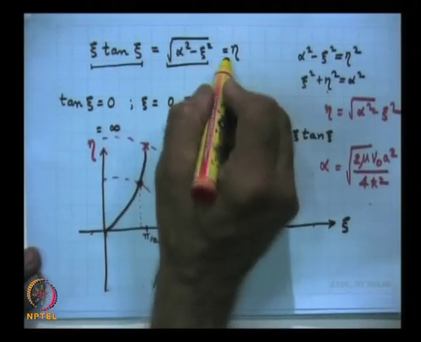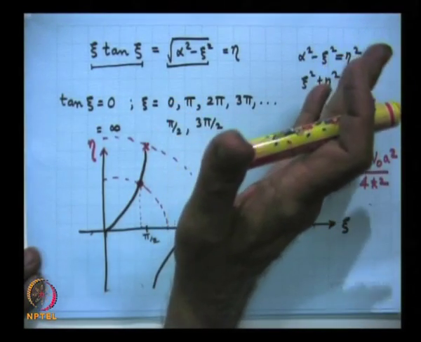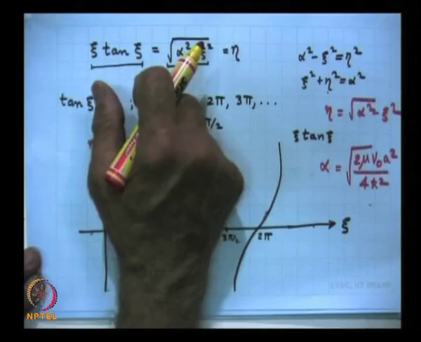So, these are the discrete eigenvalues of the problem. And whenever you have an equation like this, we say it is a transcendental equation. It is satisfied only when the left hand side is equal to right hand side, and that will happen only for certain discrete values of xi.